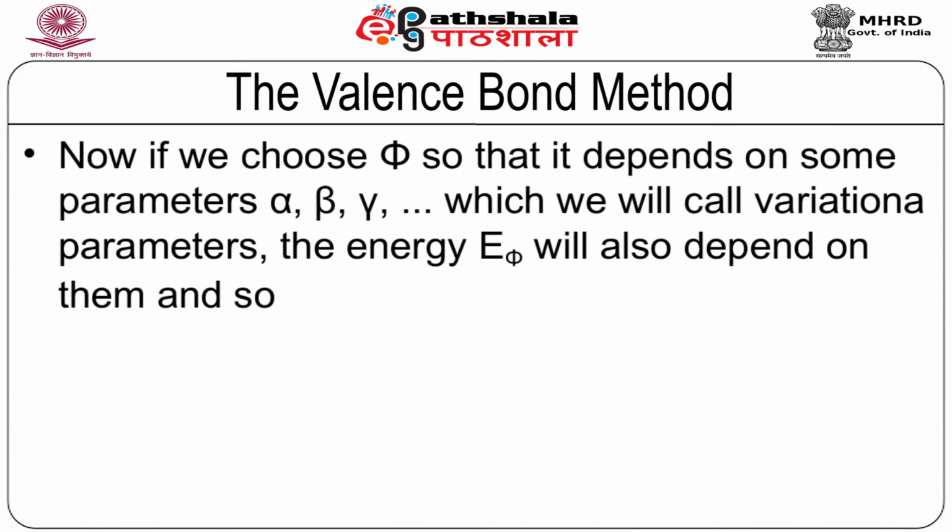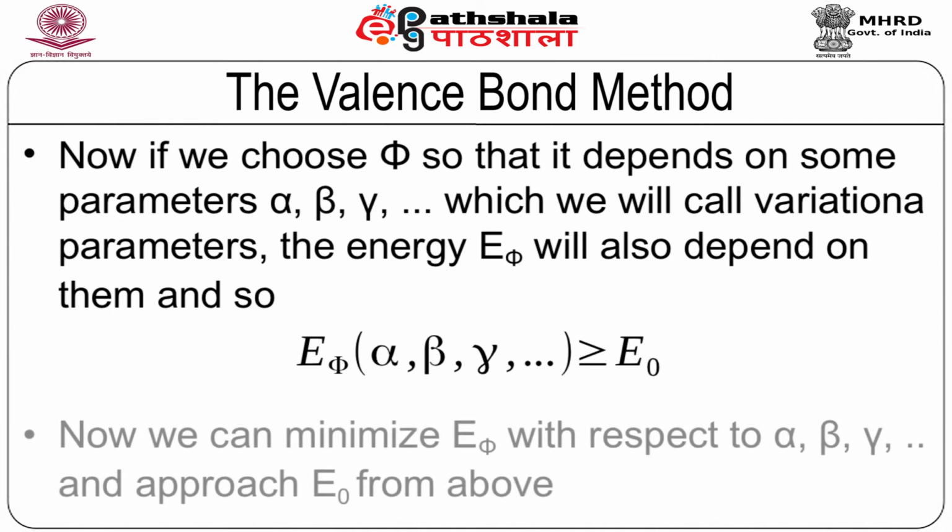Now if we choose phi so that it depends on some parameters alpha, beta, gamma, etc., which we will call variational parameters, the energy E phi will also depend on them, and so E phi of alpha, beta, gamma will be greater than or equal to E0. Now we can minimize E phi with respect to alpha, beta, gamma and approach E0 from above.